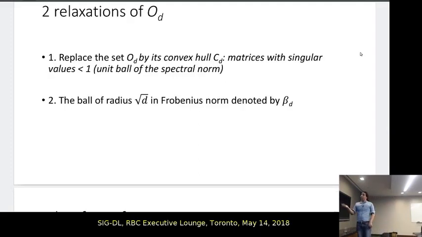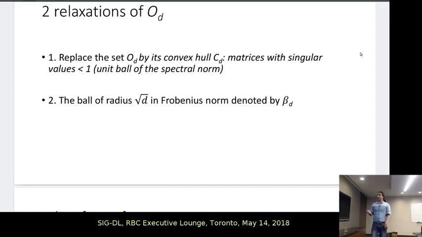There are two methods that they use. One is to replace O_d, the set of orthogonal matrices that you're looking at. And by the way, that's one reason that results in your non-differentiable surface, because your matrices are very constrained.